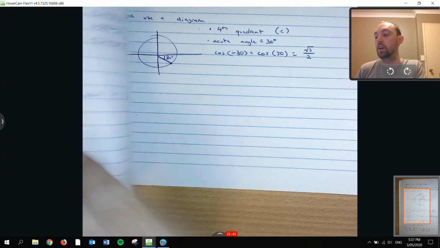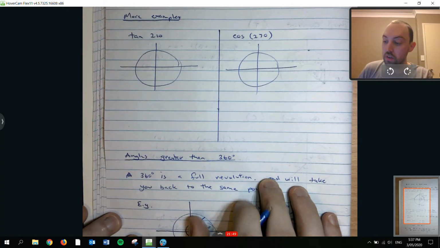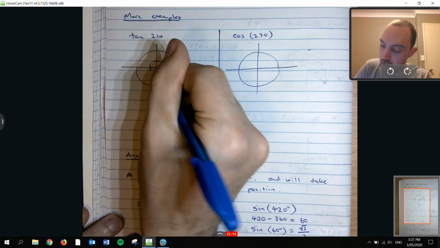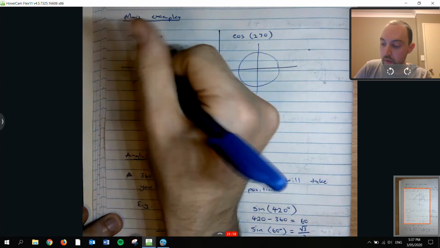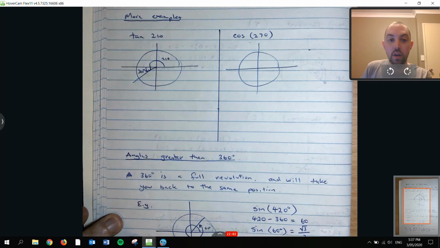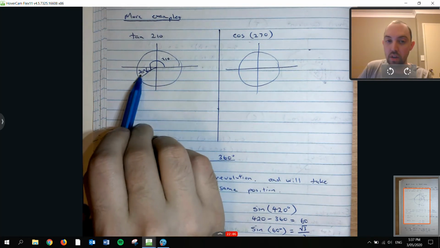Alright, let's do this again a couple more times. Tan of 210 is greater than 180 by 30 degrees. There's the 210 degrees, and there's the 30. Now we're thinking about tan of 30, 30 being the acute angle of interest.